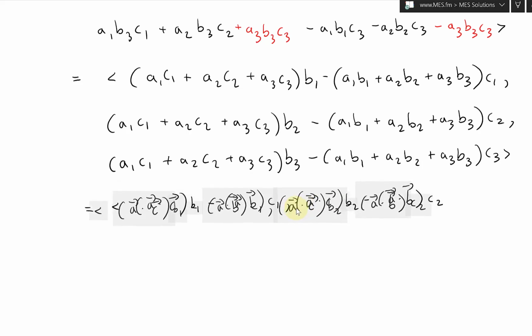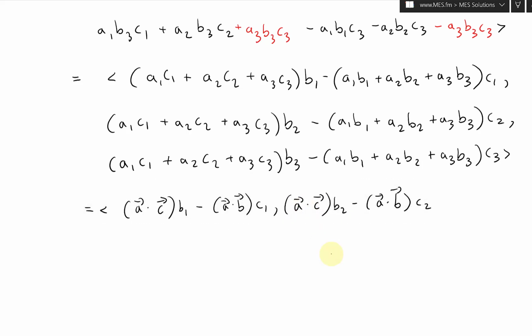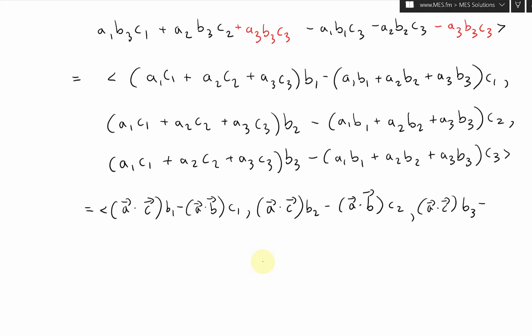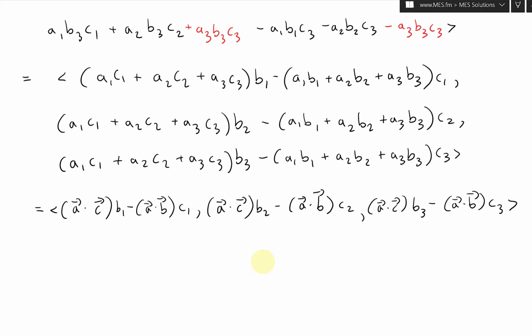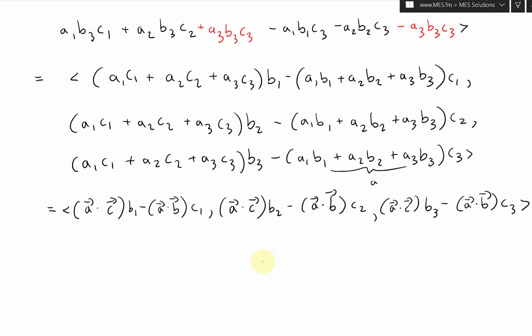Move it over. The next one's going to be A dot C, B3 minus A dot B, and then this is C3, like that. So these ones are all just the A dot B's, and the other ones are A dot C.